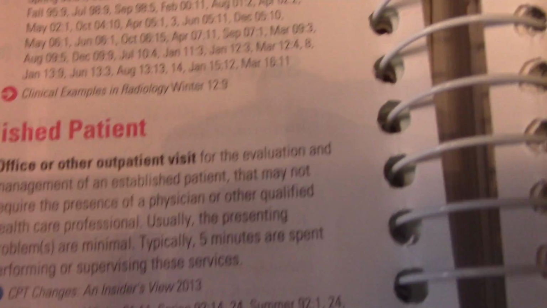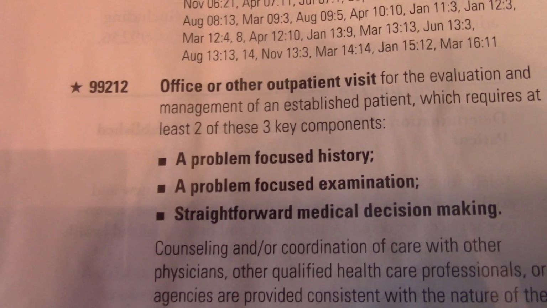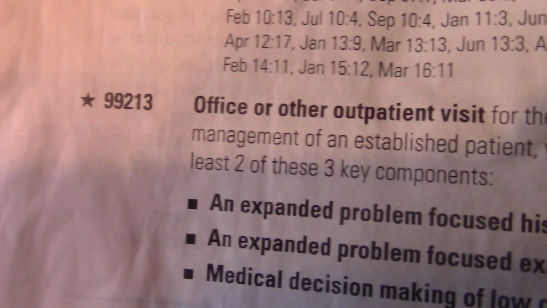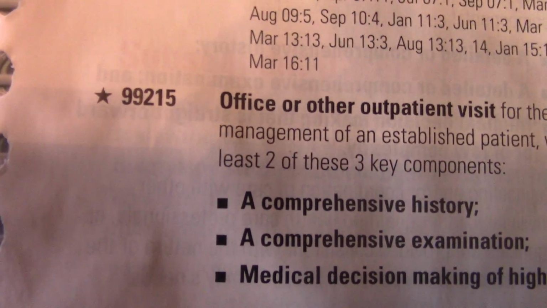But notice under your established patient, your first code is 99212. After that 99211, 213, 214, and 215.